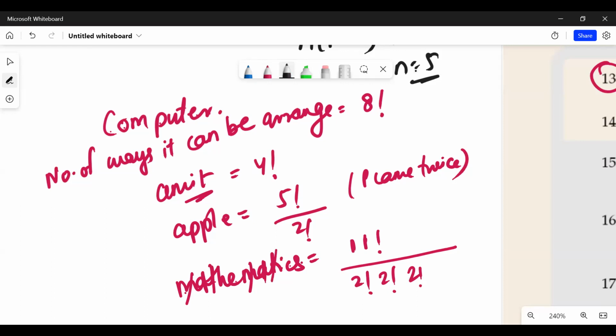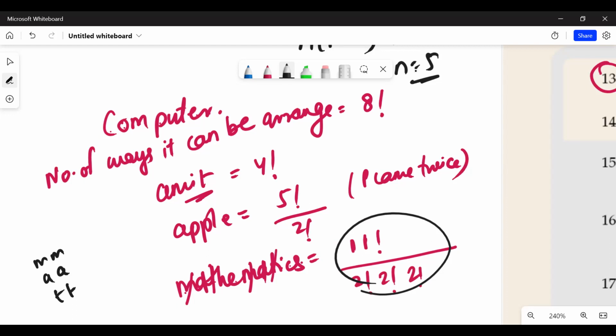M came 2 times, A came 2 times, T came 2 times. Anything else came twice? H no, E no, I no, C no, S no. So this is it. Getting me right, everyone?